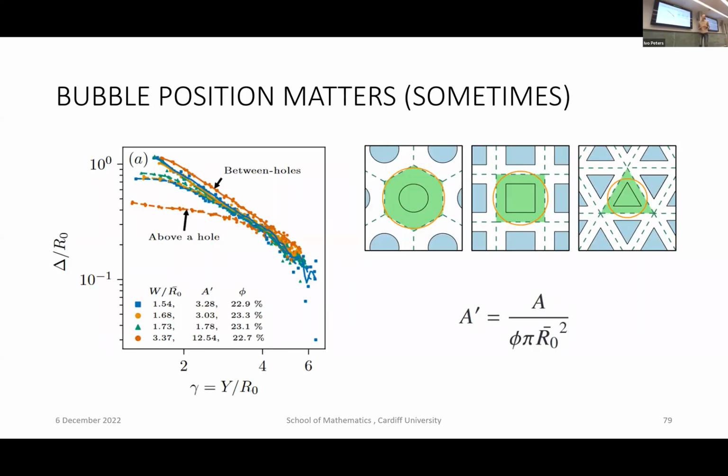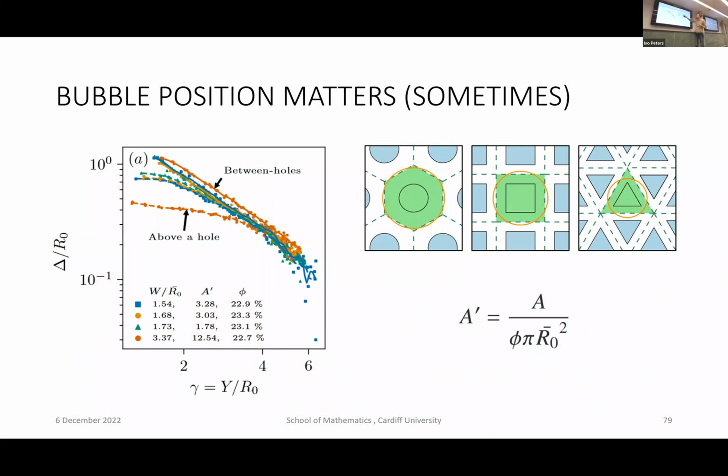Right. So if we actually look at the size of our bubble and the size of our holes, then we can see that if we decrease this number, then this difference becomes smaller. And there's actually another parameter that you also have to take into account, which is basically the area that your bubble takes up compared to a unit cell of your hole pattern.